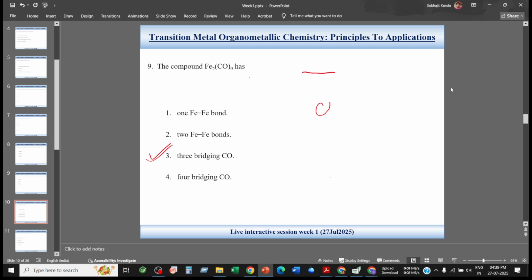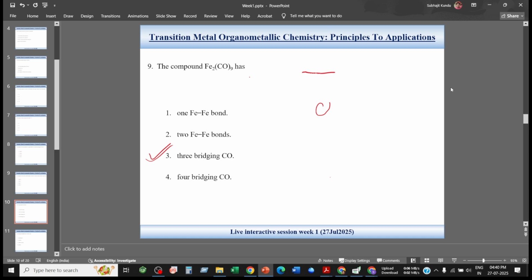Some common structures like Fe2CO9, Fe3CO12, and osmium complexes like Os3CO12 are asked in every examination. Without the structure it is not possible to tell how many CO bridging there are, because there is no other way to predict this.